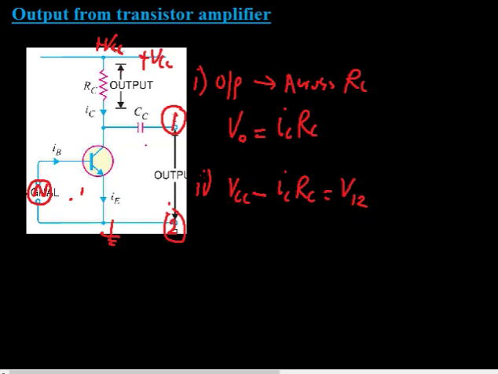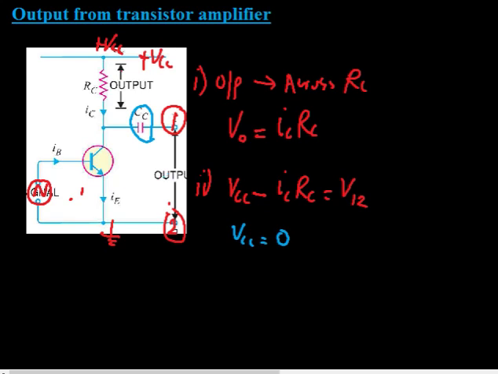Now remember about this capacitor CC connected in the terminal 1, which is actually a capacitor that blocks the DC. So when a capacitor is connected here, the VCC will not pass to the terminals 1 and 2.